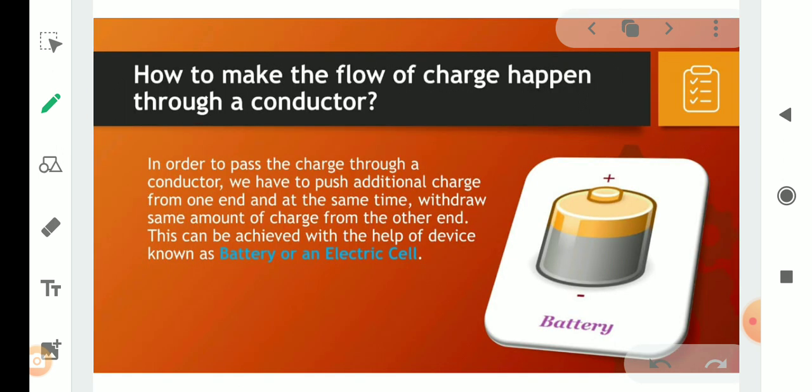Okay, now let us move on to the next topic, today's topic, that is electric potential and potential difference. Before going to study that topic, let us just recall, why does air flow? You'll have the answer in your mind, that is because of air pressure difference.